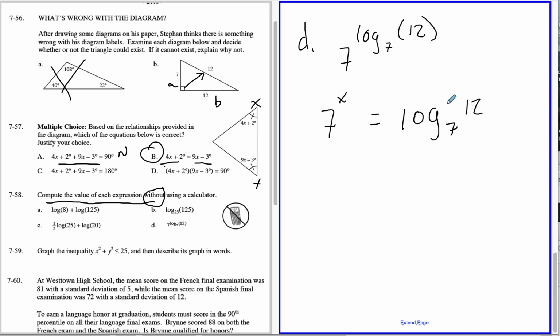I can also rewrite this side. Oh, shoot. Don't think I'm doing that right. 7 to the x.